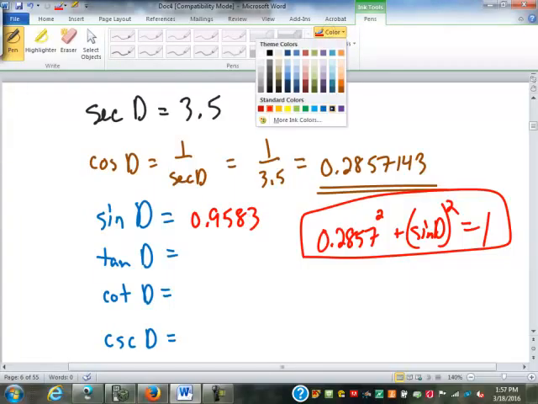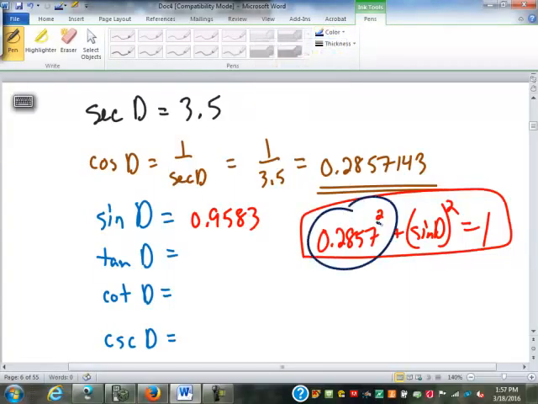I squared this, then subtracted that from 1. You get 4/49, 0.08 something. You subtract that from 1, and then you square root it.